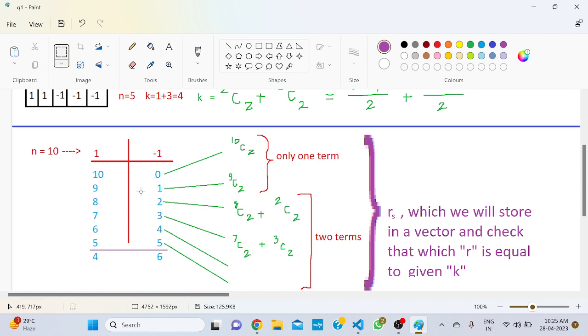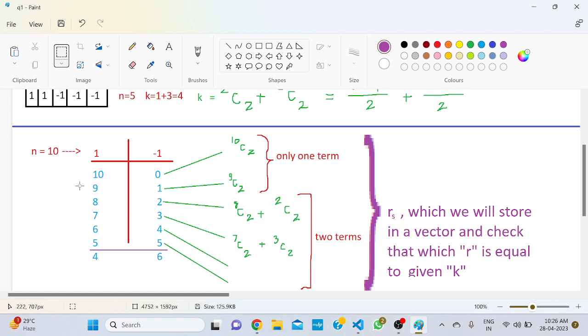So how many pairs can be made? For 10 ones, the pairs are 10C2. For 9 ones and 1 -1, the pairs are 9C2. But for 8 ones and 2 -1s, the pairs are 8C2, meaning the number of ways of selecting 2 ones out of 8 ones is 8C2, plus 2C2, meaning the number of ways of selecting 2 minus ones out of 2 minus ones. So it is simple.